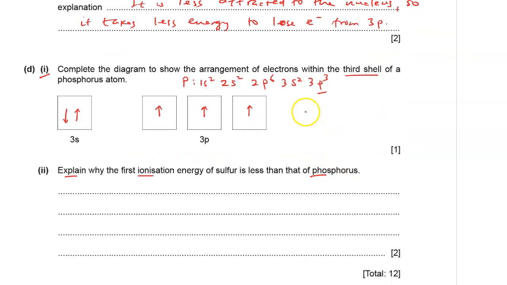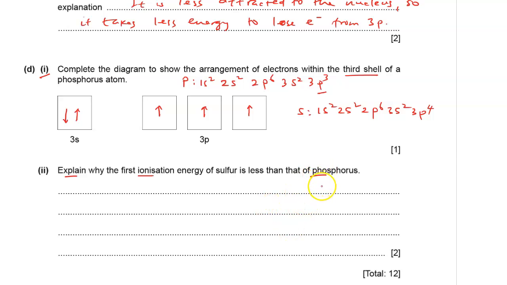So the sulfur electronic configuration is 1s, 2s, 2p, 3s, and 3p. In sulfur the electron is removed from an orbital that has 2 electrons in the 3p orbital.